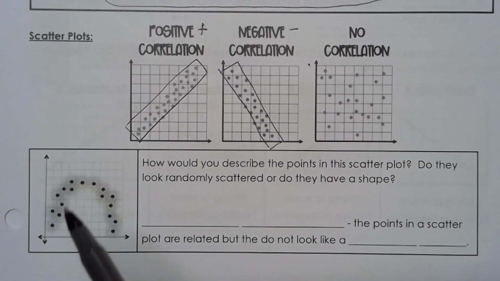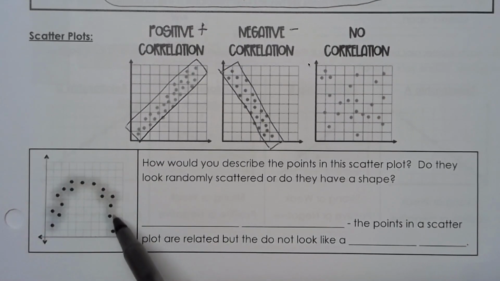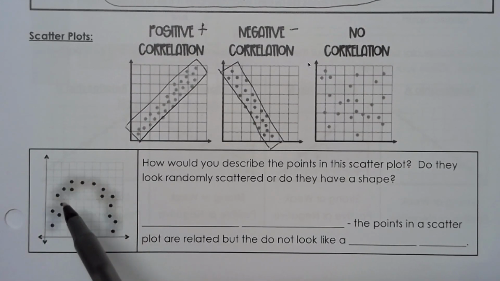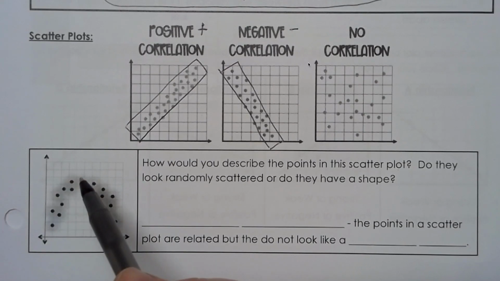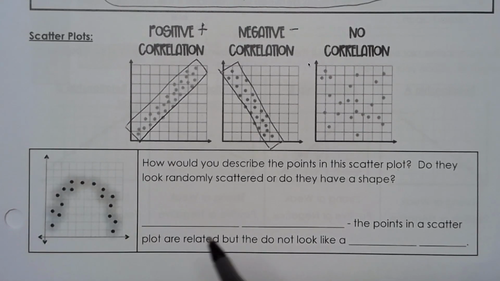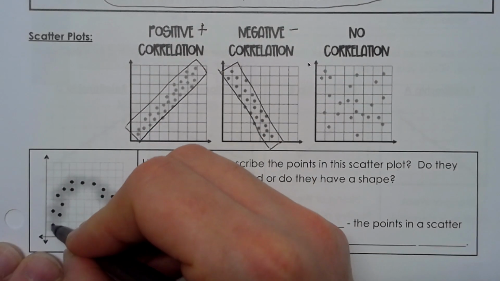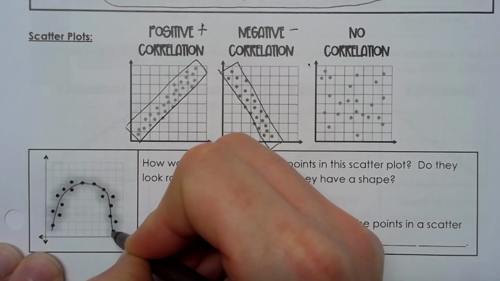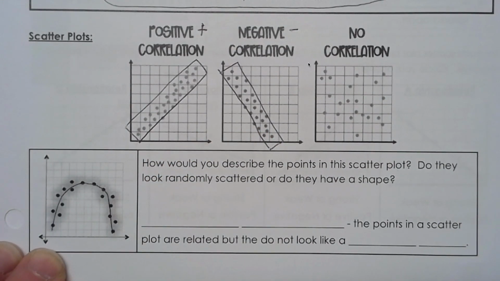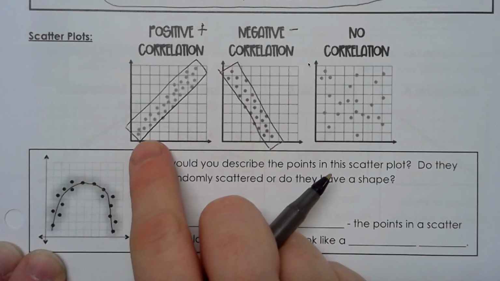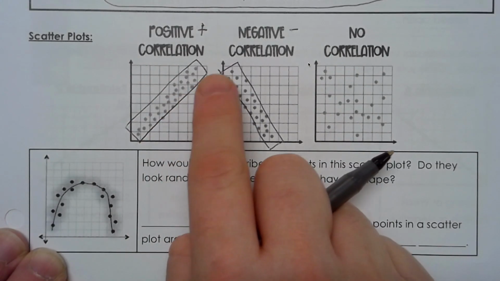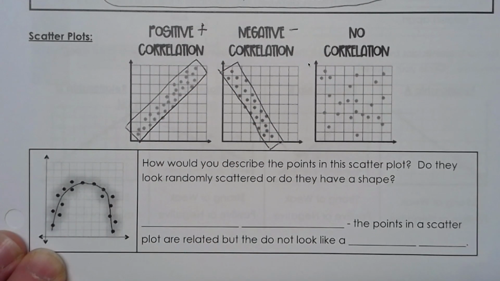Now, we also have another type of association. Okay? So if I look at this picture, I can see there is some sort of relationship between these points. It kind of looks like a rainbow or a sad face or an arch, but it's definitely not a positive linear or negative linear correlation.